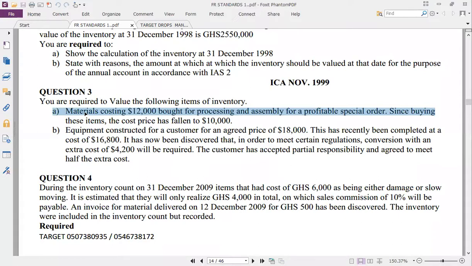All of them are different, so item 1 is different from item 2. Item 1, the A: materials costing $12,000 bought for processing and assignment for a profitable special order. Since buying these items, the cost price has fallen to $10,000. So how do you value this item?